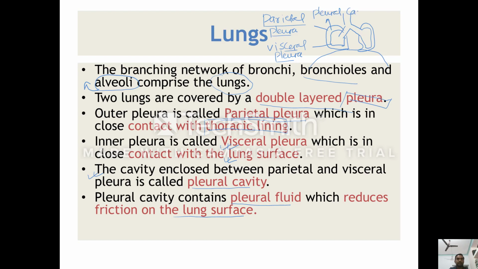This cavity contains fluid, and this fluid is known as pleural fluid, and this pleural fluid will prevent the friction between this parietal pleura and this visceral pleura. So we will see the exact diagram in the coming slides.